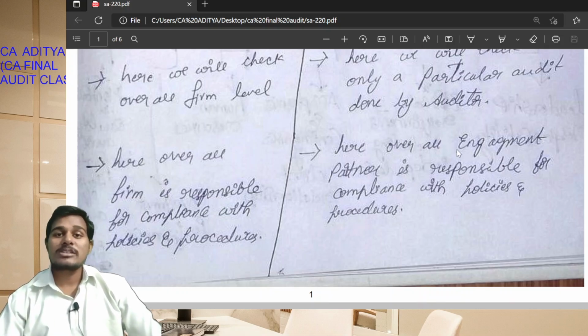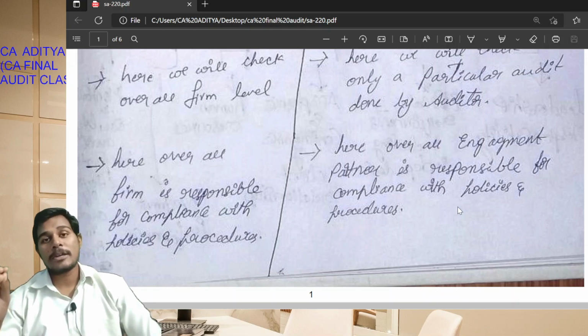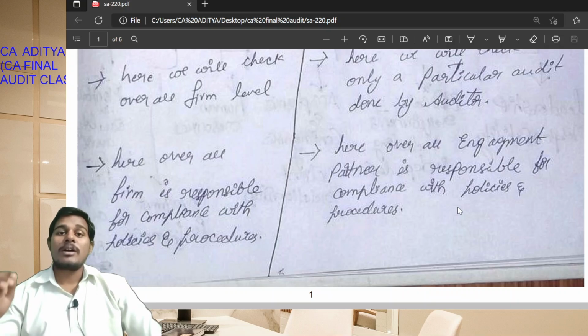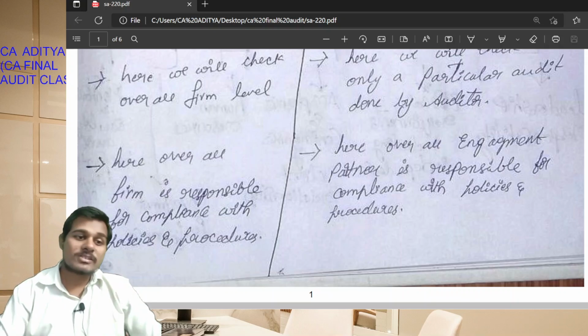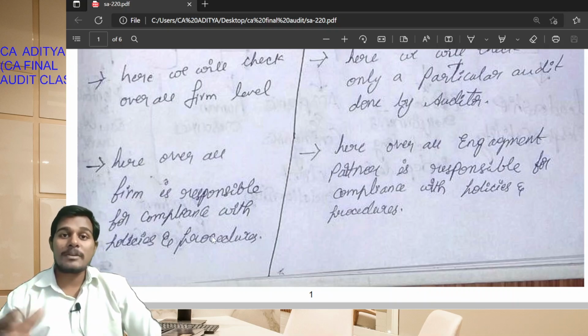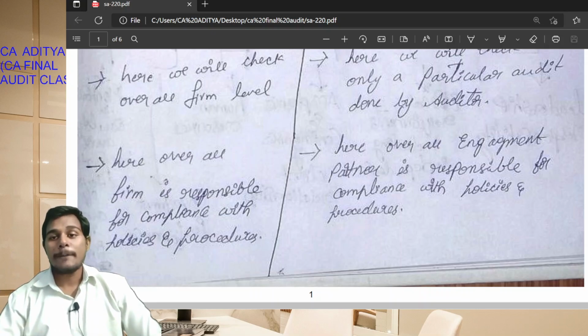But in the case of SA 220, the engagement partner is responsible for compliance with policies and procedures. See students, in the case of SQC 1 only the firm as a whole is responsible. But in the case of SA 220, the engagement partner is responsible for compliance with policies and procedures.